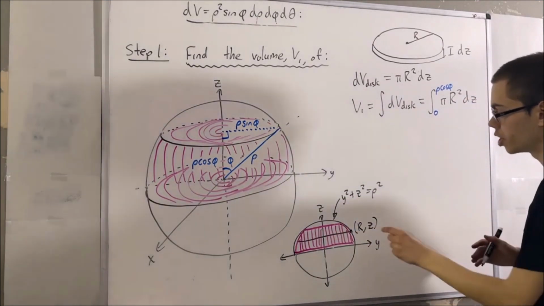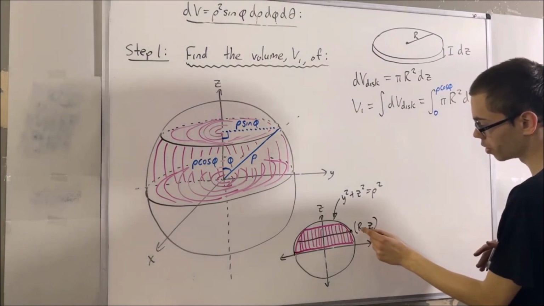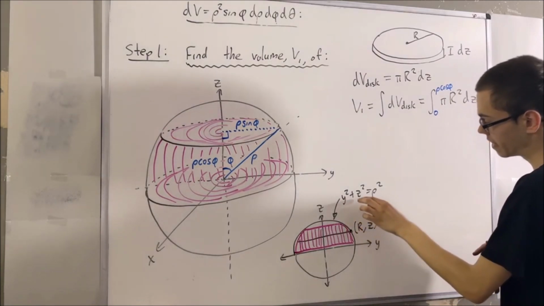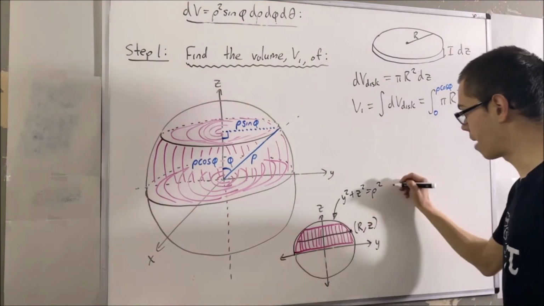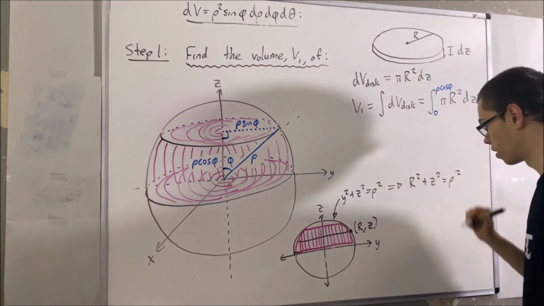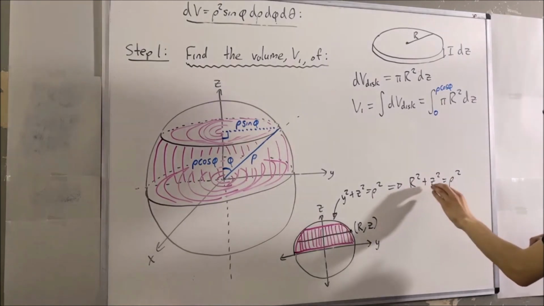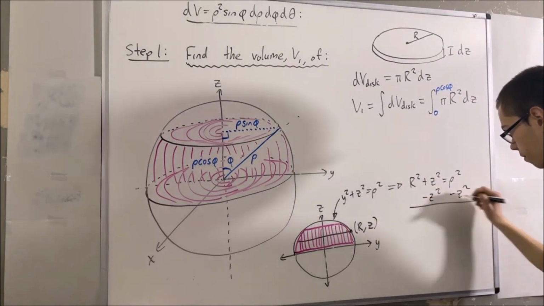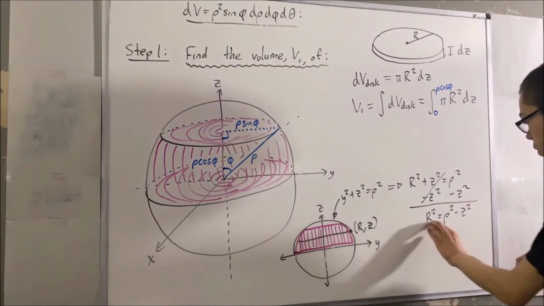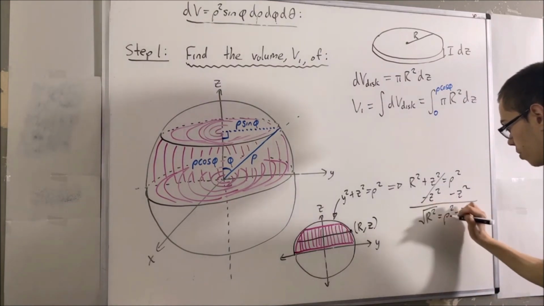To determine the radius of the disk, we are going to substitute y for r and z for z. Now solving for r, we'll first subtract z squared on both sides, and then take the square root of both sides.